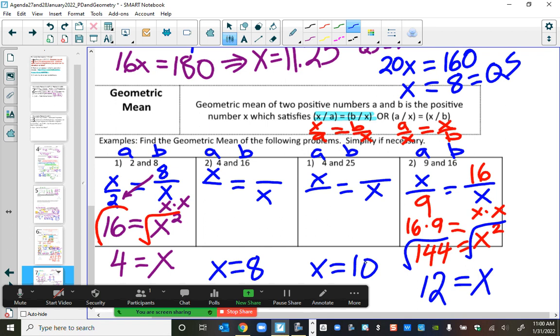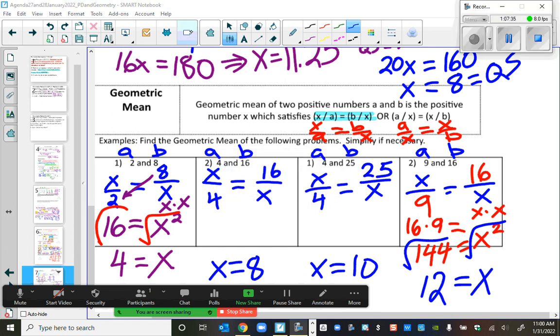Try the other two. I'm going to give you the answers. At this point, for the rest of the period, you have a couple options.